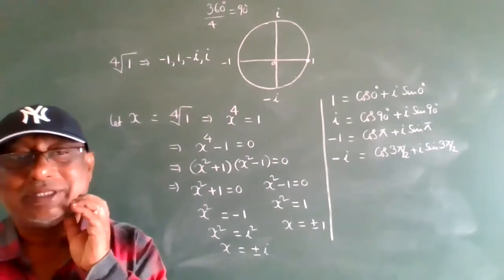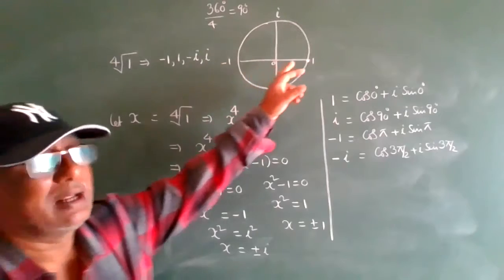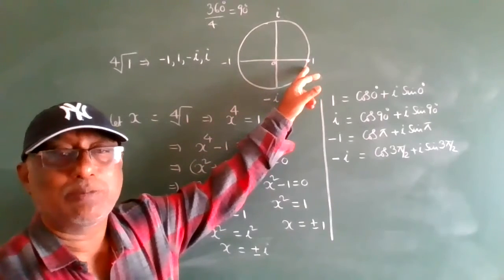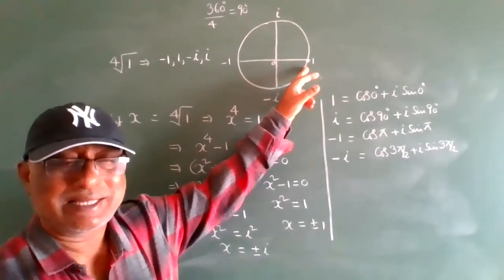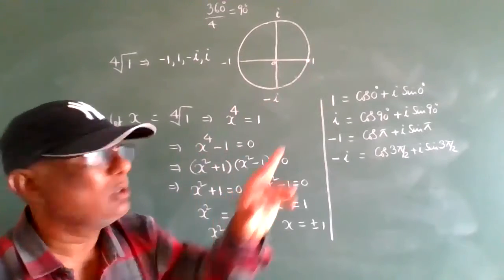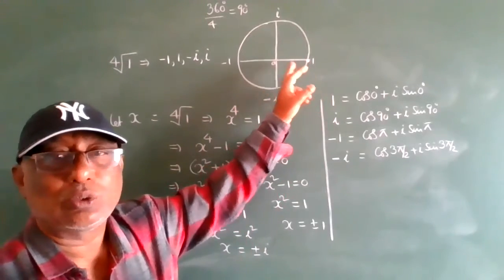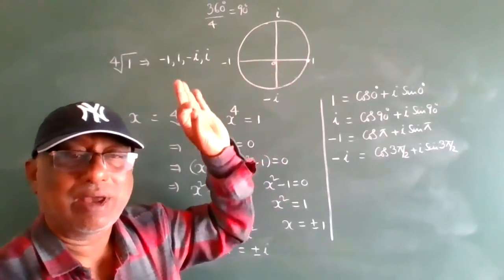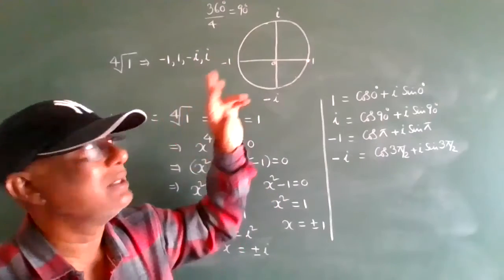One time we can observe: any point on the positive side of the x-axis has angle 0 degrees. 2 is there, angle is 0 degrees. It is on the positive side of the x-axis, so the angle is 0 degrees.